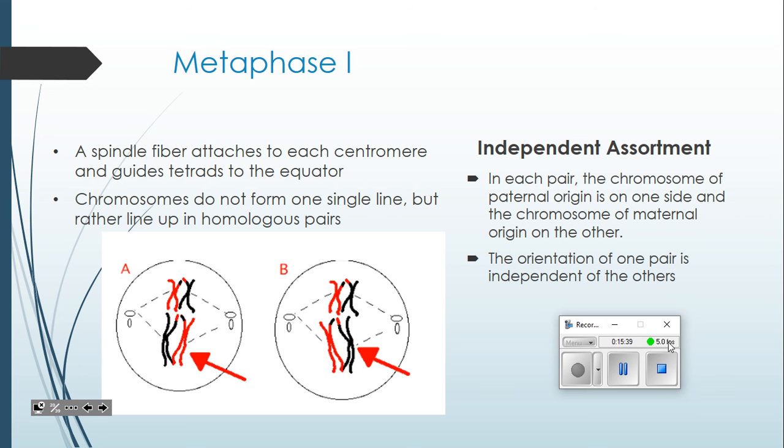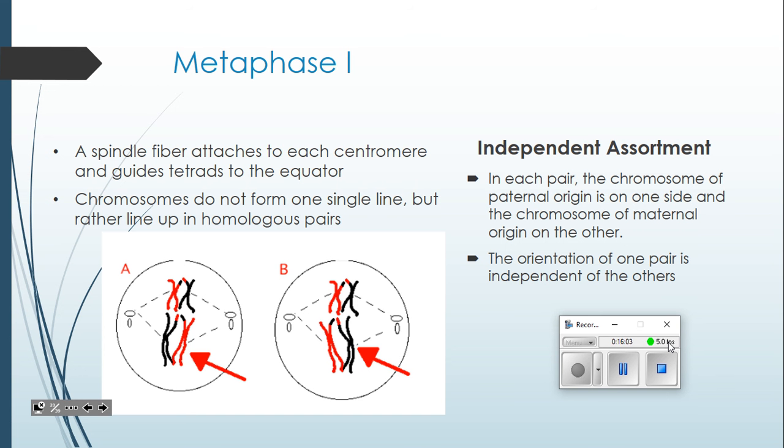What we're trying to show you is that the chromosomes within their pairs, within their tetrads, can line up any random way. The red ones, which we'll just assume came from mom, and the black ones came from dad. There's no rule that says all the red ones have to be on one side or all the black ones have to be on the other side.